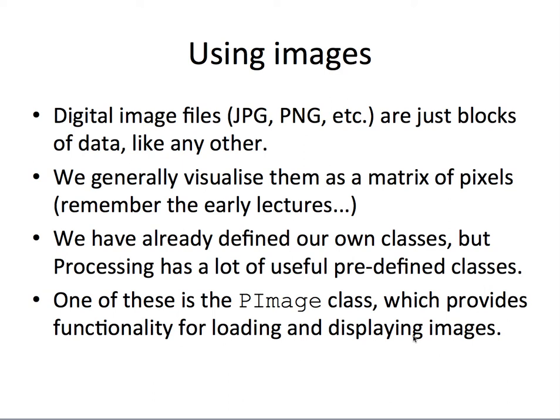Of course, processing comes with a bunch of tools for playing with image files, and the one that we'll use is the PImage or processing image class, which contains all of the functionality that we'll need for loading and displaying image files as well as manipulating them.